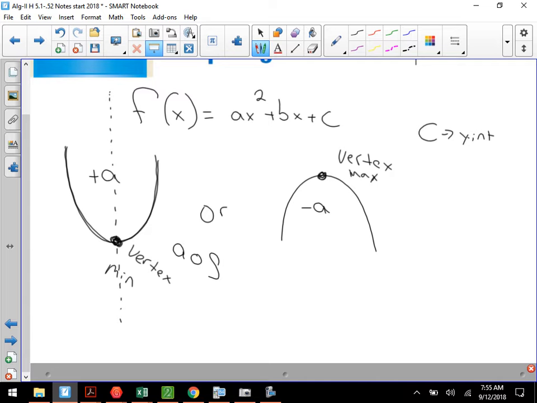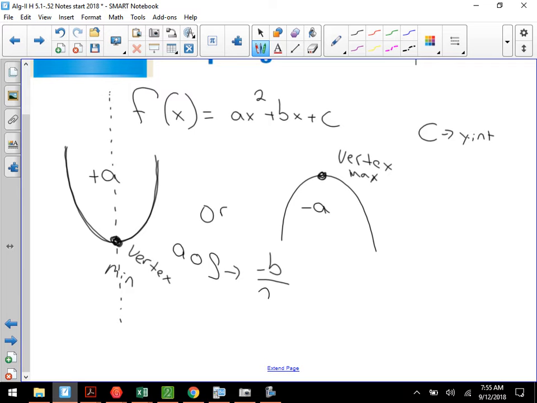Vertical lines are always written as what? X equals or Y equals a number? X equals a number. Your axis of symmetry is always x equals a number. In this case, the axis of symmetry is always found by the opposite of b over 2a.